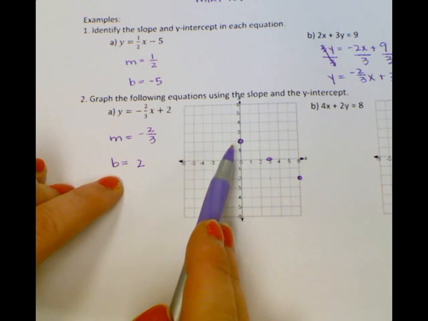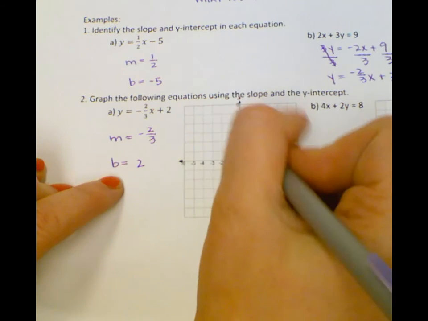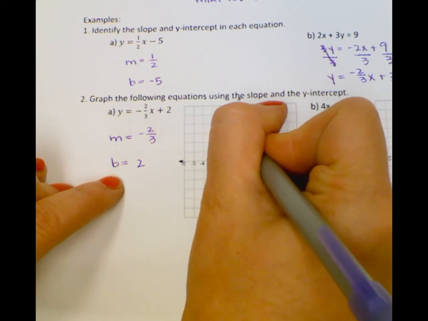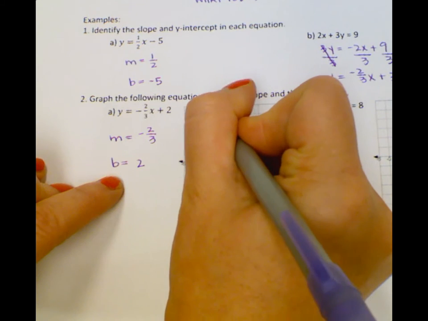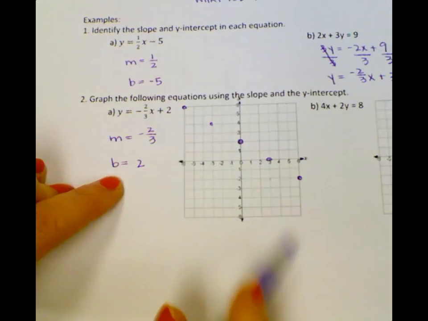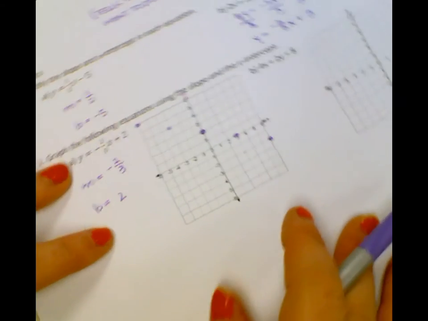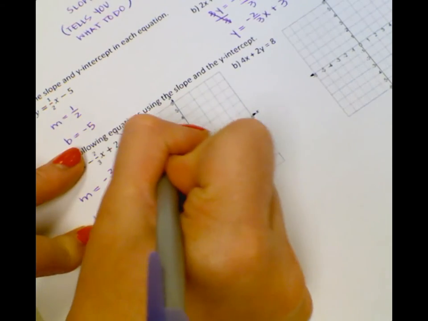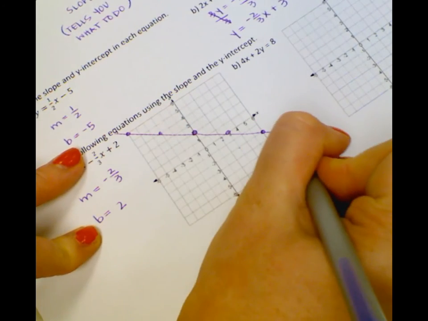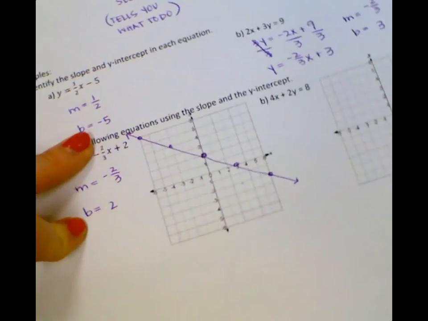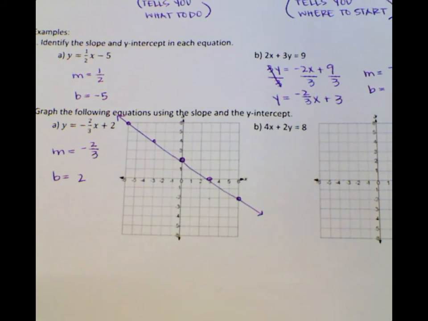You know you can do the opposite when you're going the other way. Up 2 over 3. And that just continues your line out. So that is allowed. Like, we need to get used to being able to put our dots on both sides. Okay, here we go. See, that's not hard.